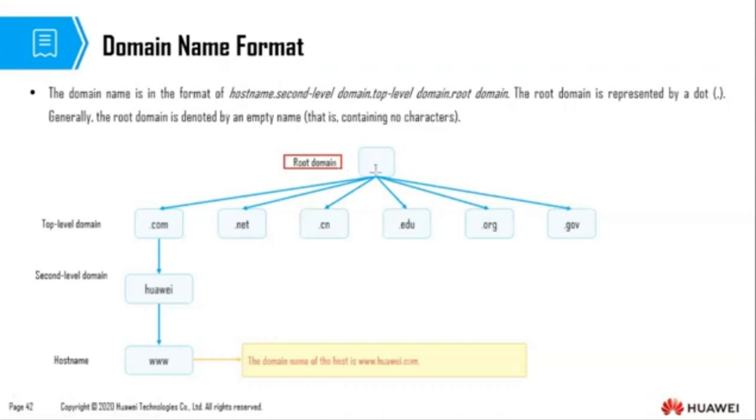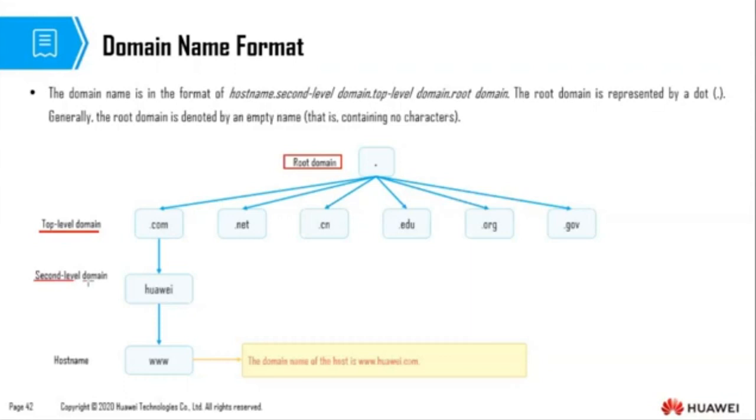The root domain is normally depicted by the dot. After the root domain, then we have the top level domain. The top level domain are global domains like .com, .net, .edu for education, .org for organizations, .gov for governments. So that's what we call TLD, the top level domain.